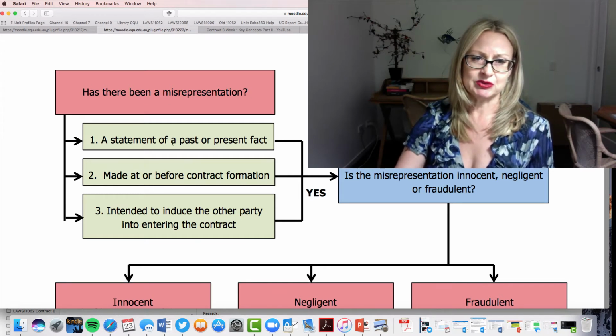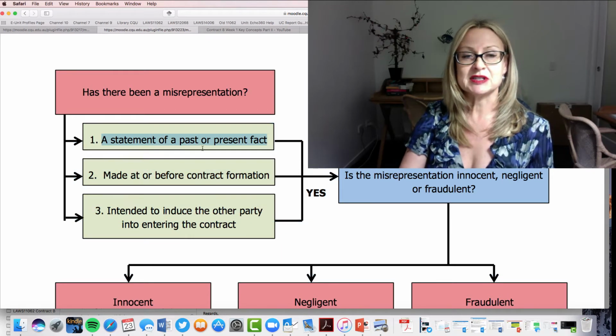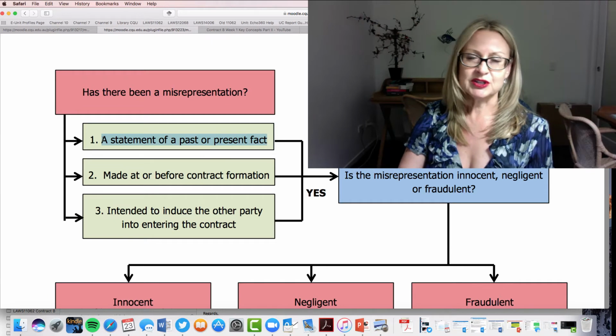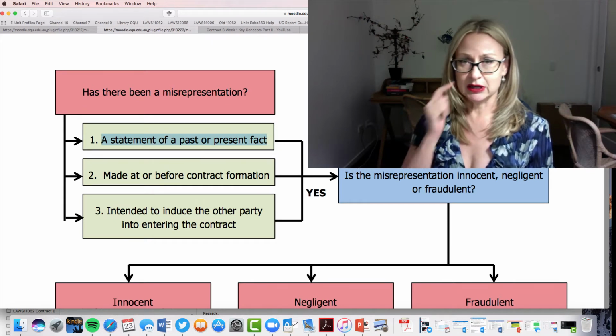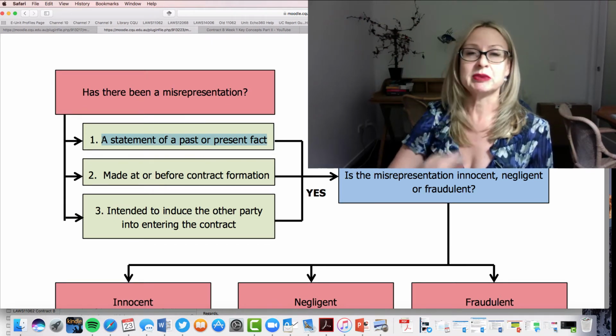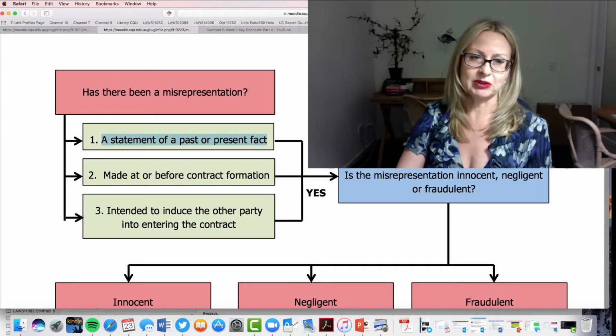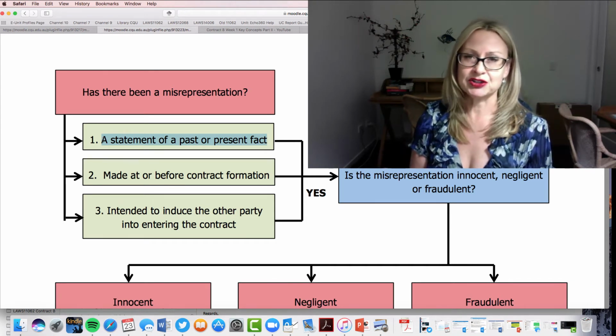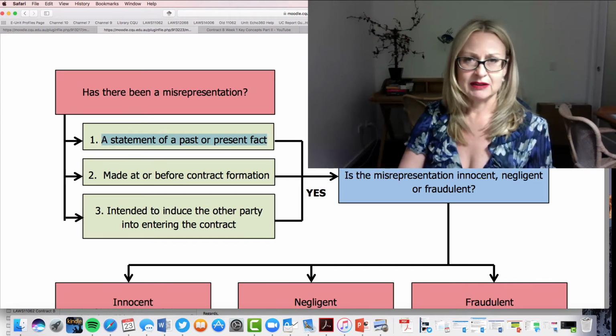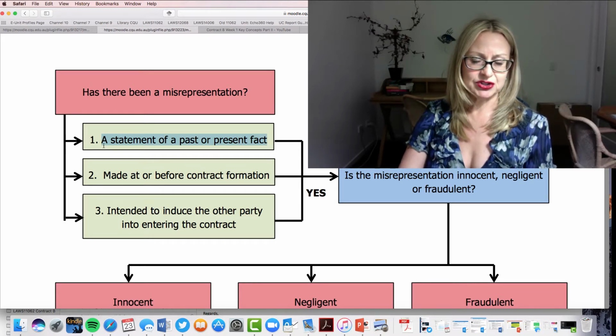Has there been a misrepresentation? And we've looked at what kind of statements can wind up being actionable. Obviously, the statement has to be made to the other party to the contract that wishes to be released from their contractual obligations for this action to all hang together, and the text makes some mention of that.